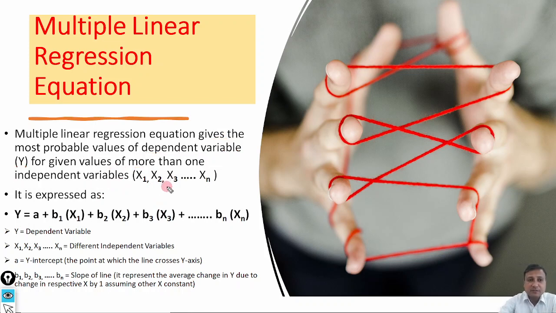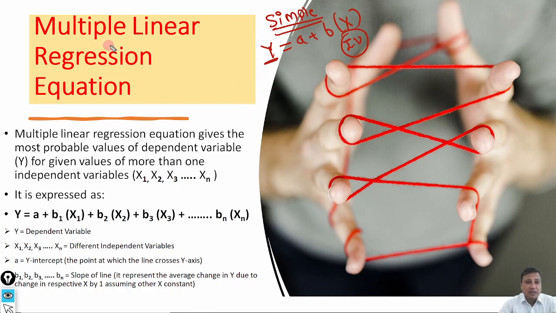So what is the difference between simple linear regression equation and multiple linear regression equation? See, in the simple linear regression equation, we are having one dependent variable and one independent variable. So there is only one single independent variable here in the simple linear regression equation.